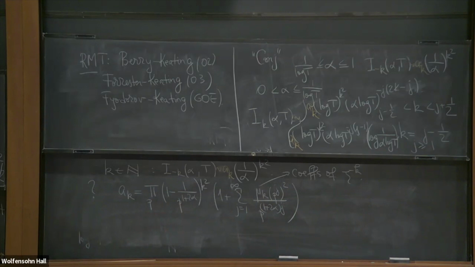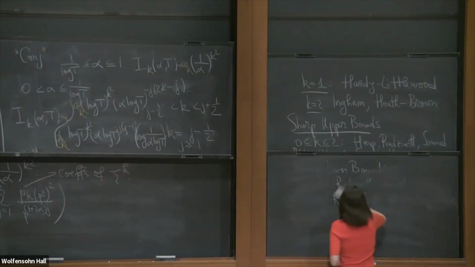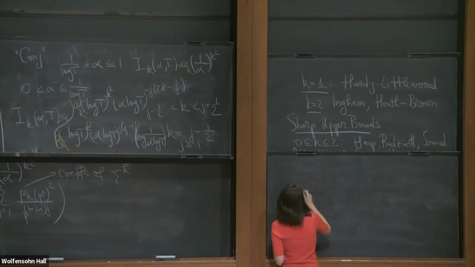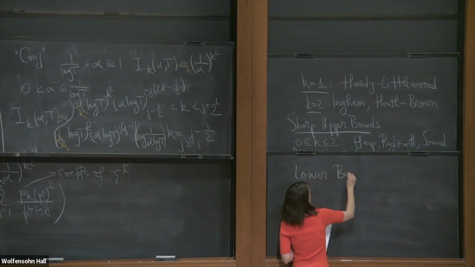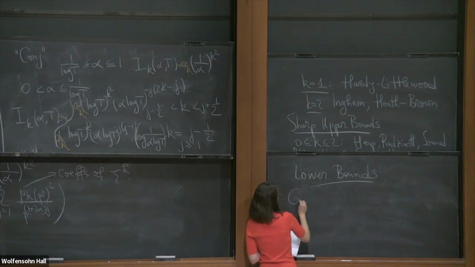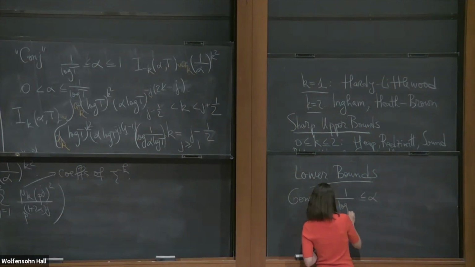Now, what is known towards these conjectures? So there are lower bounds due to Gonek, in the same paper where he made these conjectures. He proved sharp lower bounds when alpha is bigger than 1 over log t.